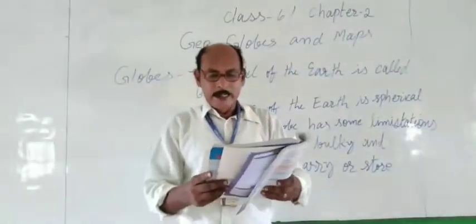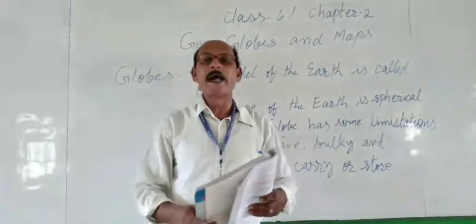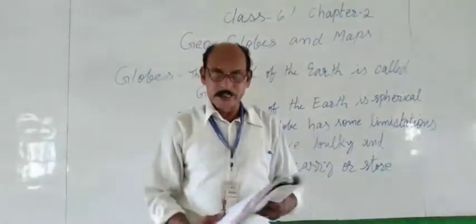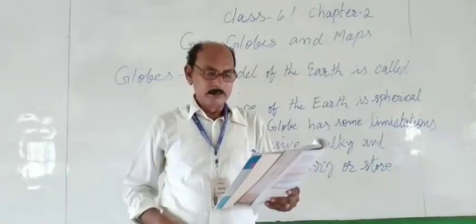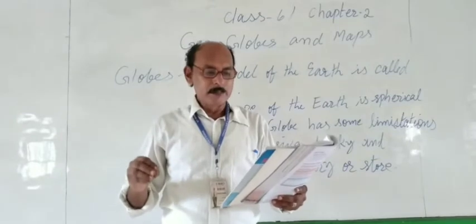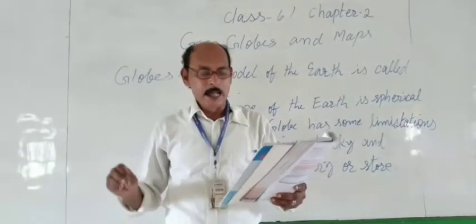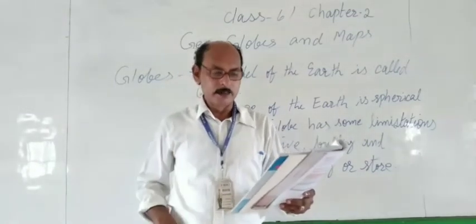It shows the relative shapes, sizes and directions of oceans and mountains. So through this globe we can study accurate relative shapes, sizes and directions of oceans and mountains located on the Earth.